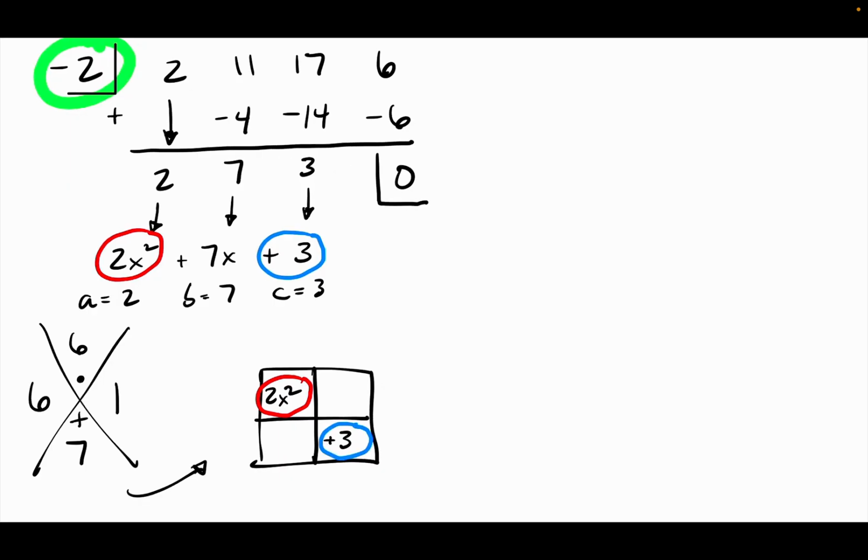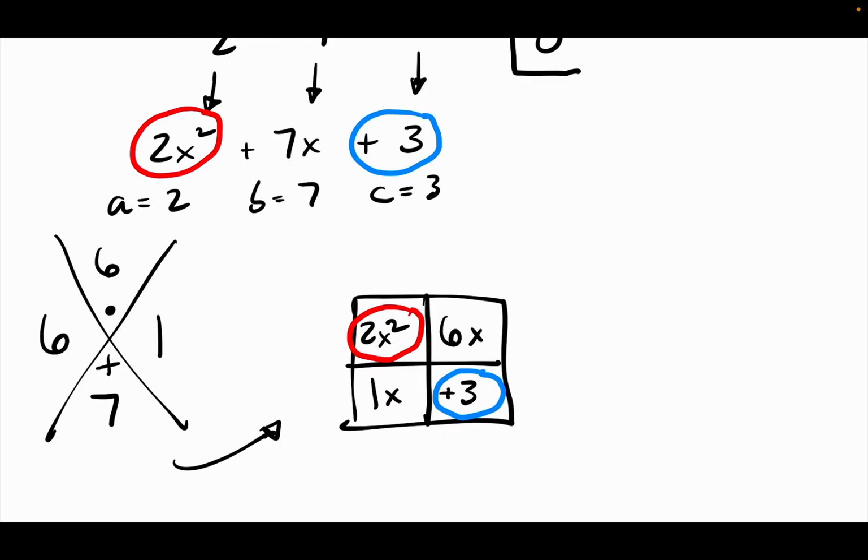And then it's going to be positive 6x, positive 1x. To make 2, one of them's got to be a 2, one of them's got to be a 1. I'm going to put the 2 to the left because that's going to go in positive 3 times and positive 1 time.